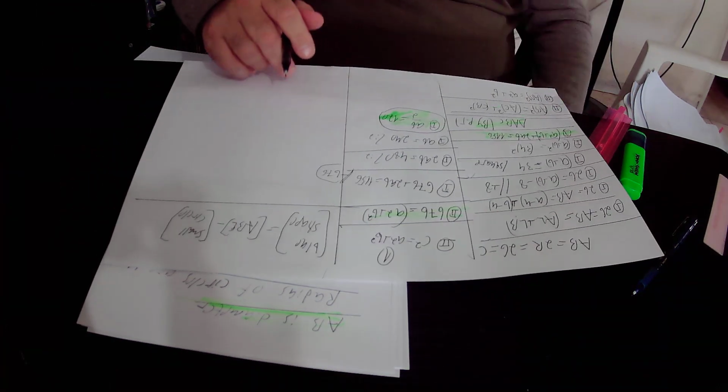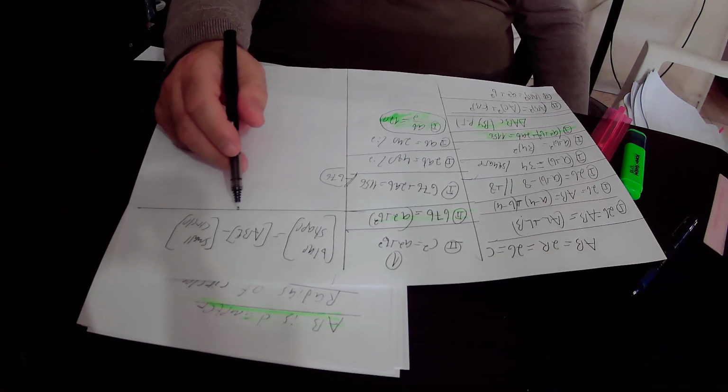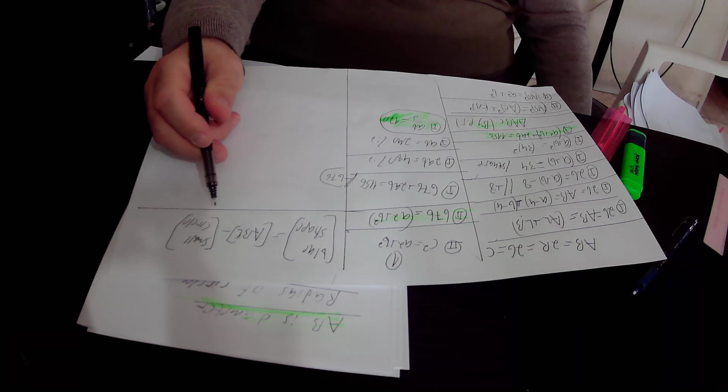I'll repeat again, from the drawing it is very easy to see that the area of the blue shape equals the area of triangle ABC minus the area of the small circle.